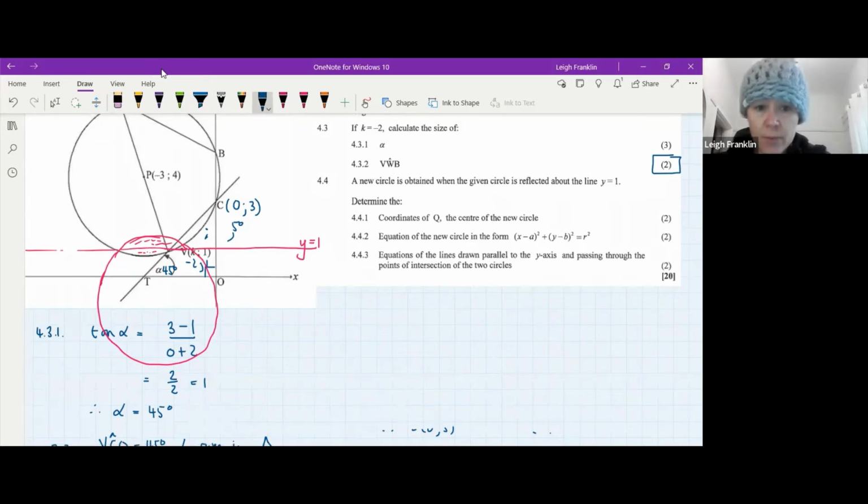Agreed? So its center still needs to be in the same vertical line as it was. That means its x-coordinate is not going to change at all. As far as Q is concerned, its x-coordinate will still be -3.